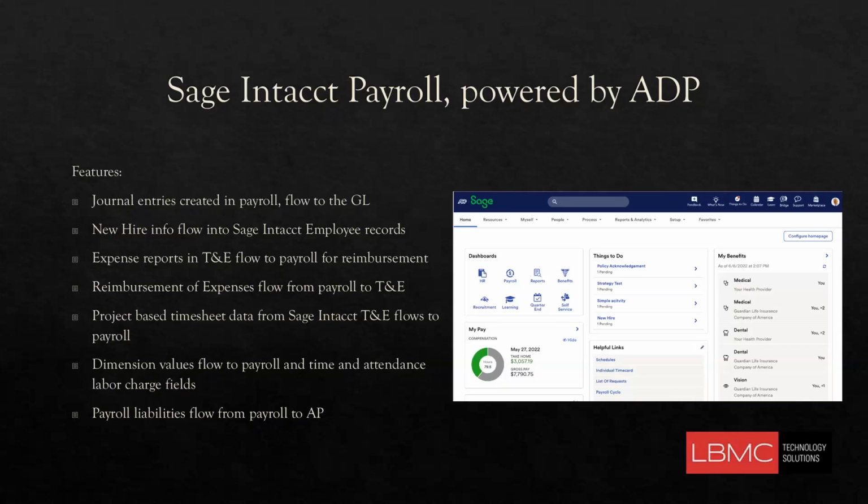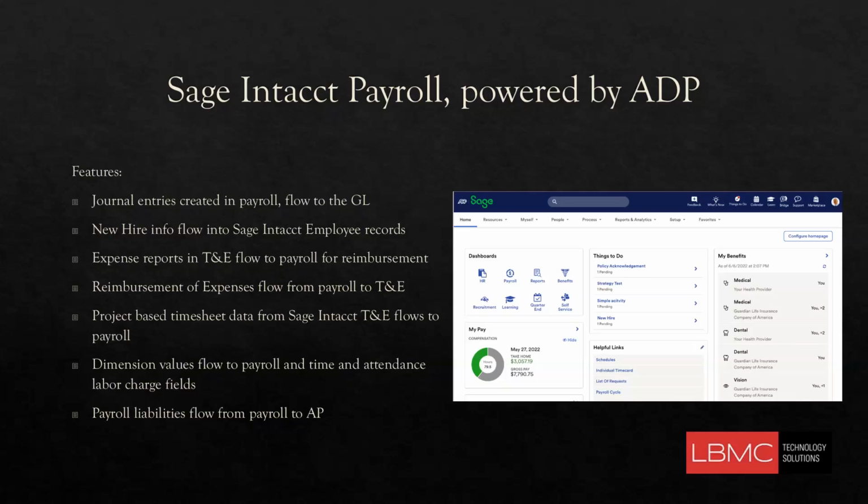One is going to be through journal entries. When payroll is run in Sage Intacct Payroll powered by ADP, it's going to create those journal entries automatically for you in Sage Intacct. New hire information that is entered into ADP will then flow to the Sage Intacct employee record automatically.